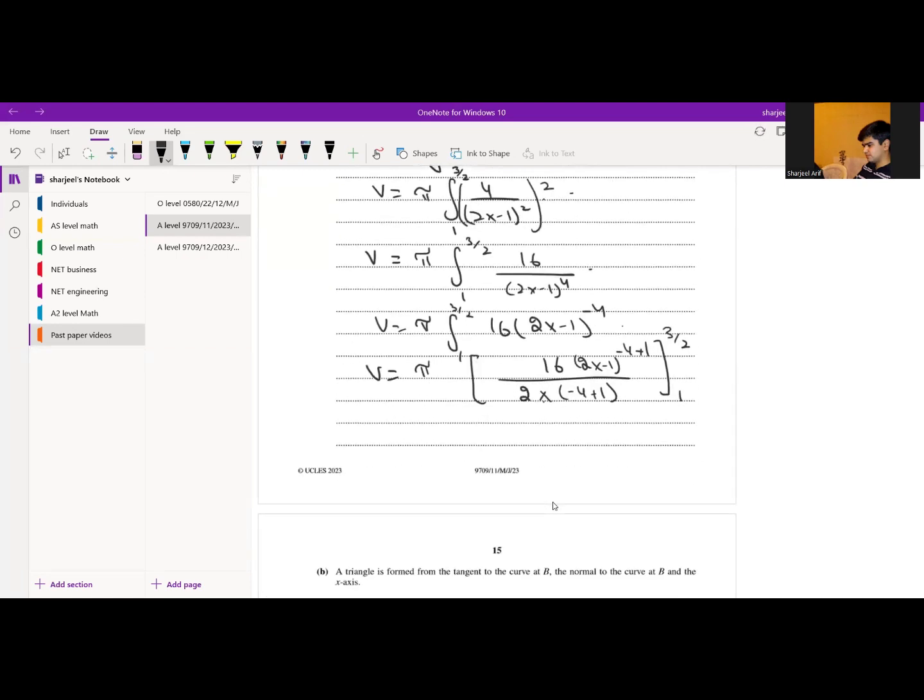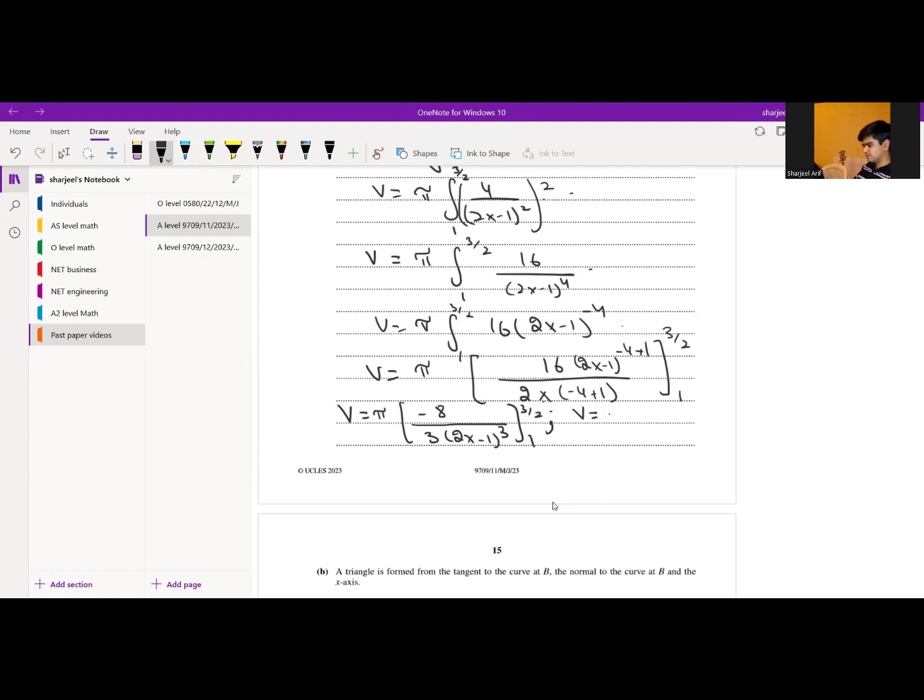So V will be equal to pi into minus 8 divided by 3 into (2x minus 1) whole cube, from 3 by 2 to 1. Then you will substitute the values of x in it.